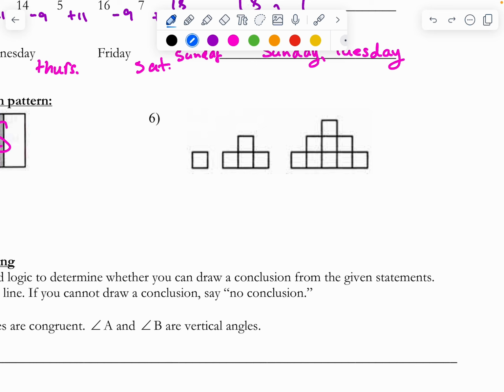So that means my next one should have, what is that, 1, 2, 3, 4, 5, 6, 7. 7 squares in the bottom. Then there should be 3 plus 2 on the right, so there should be 5 here.